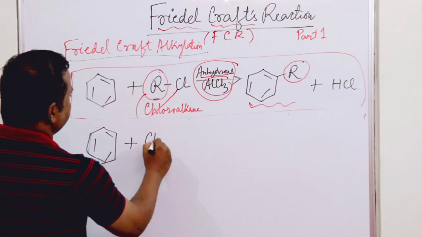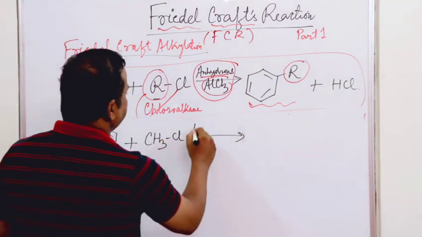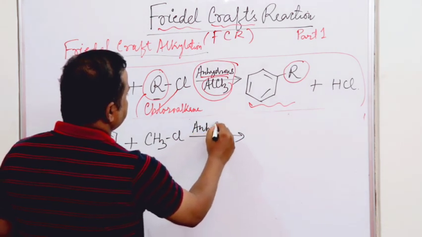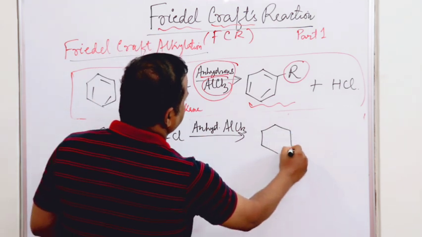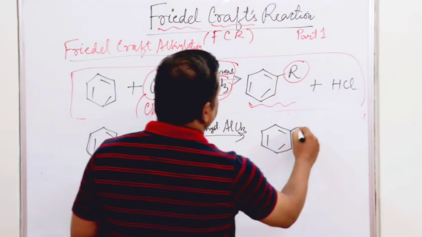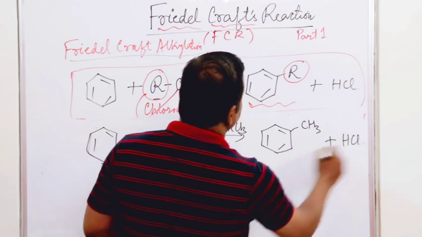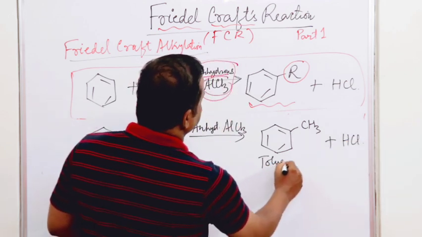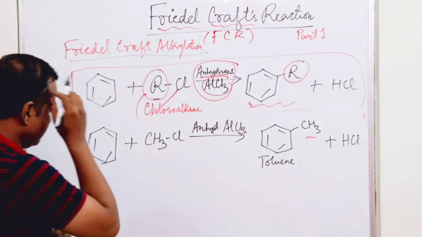In presence of R, we take CH3Cl, so anhydrous AlCl3. This will result in methyl benzene, also known as toluene. So you can see here an alkyl group has been added.